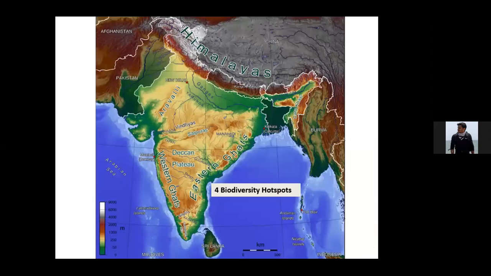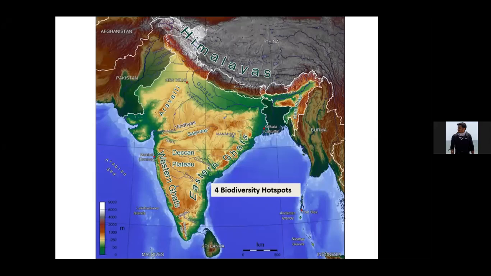So India is a very diverse place, not just in culture, language, or people, but also in wonderful biogeographical regions. India has four biodiversity hotspots: the Western Ghats, the Eastern Himalayas, the Indo-Burma region, which in India we popularly call the Northeast region, and Sundaland, some part of which comes in the Andaman and Nicobar regions.